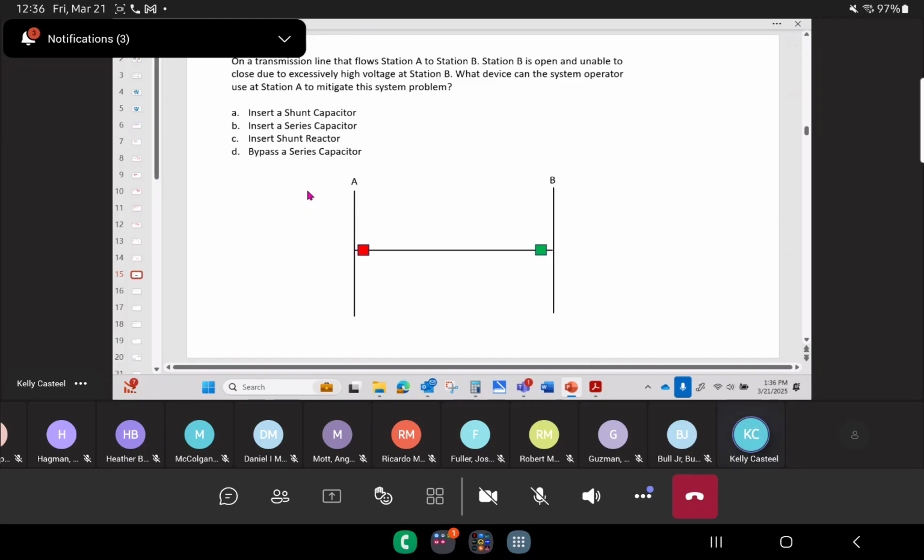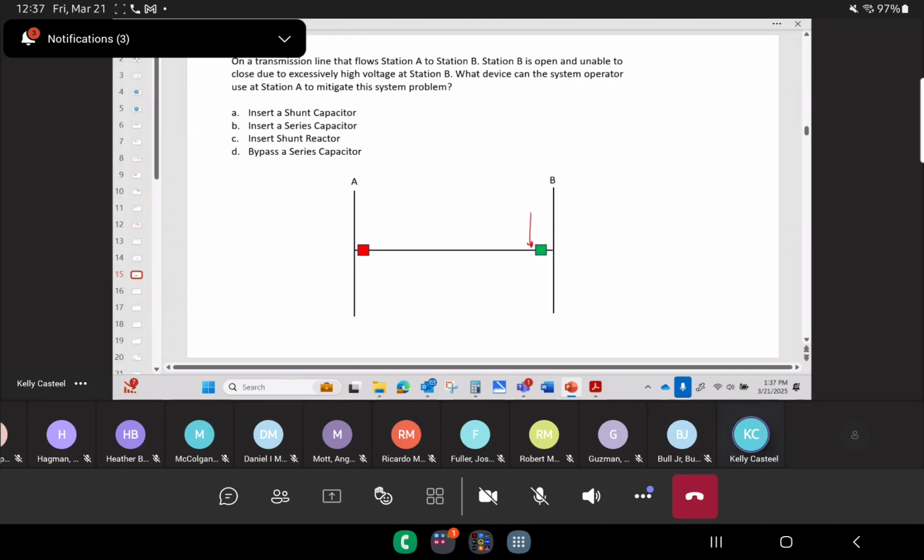In most all cases, when you're dealing with this situation, the problem area that they're going to be referring to is the voltage level at that location, not on the receiving end bus, the bus at the open end. Even though it says due to excessively high voltage at station Bravo, for me, that reads, if it's at station Bravo, I'm thinking it's going to be that bus. But the intent of the question was here at that location.